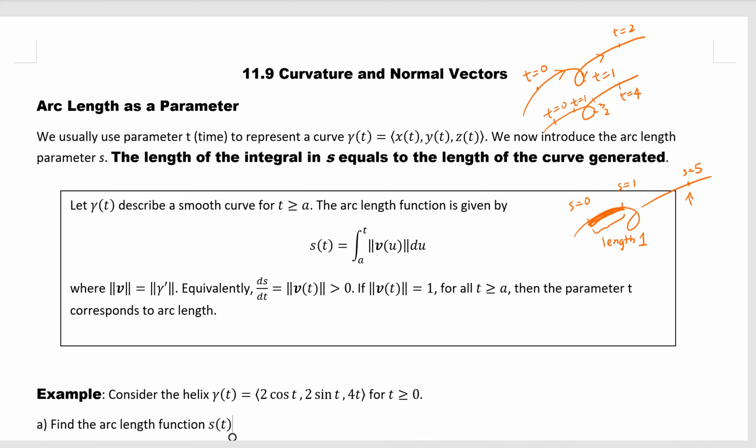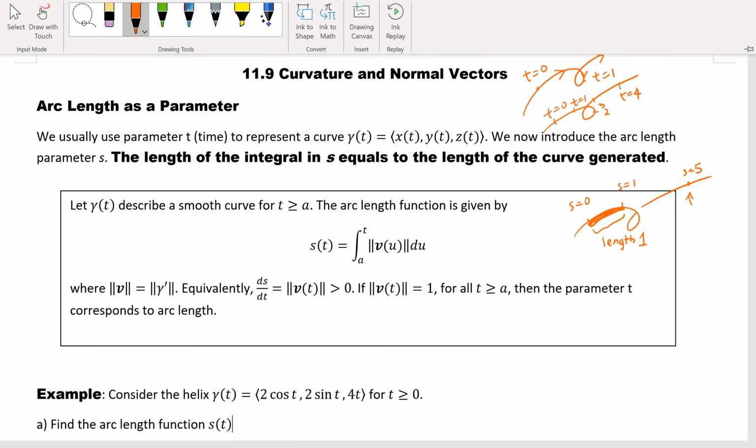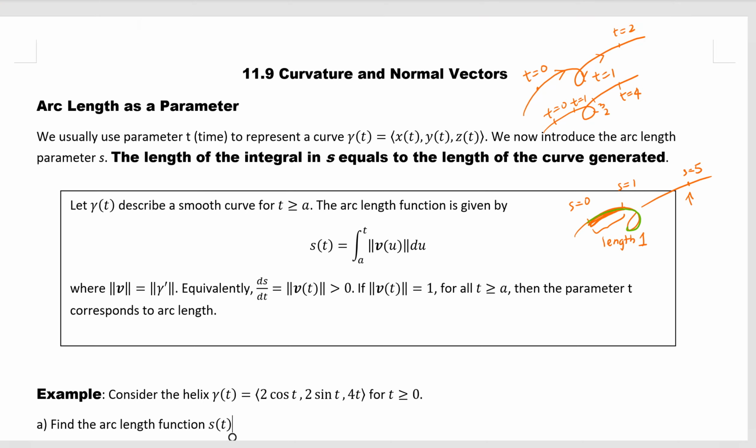Then the length from s equals 0 to s equals 5, this part, has length 5. So that is the arc length parameter. Just looking at the parameter values, we know the length of the curve compared to the starting point. And the relation between the t parameter and the arc length parameter is this definite integral.